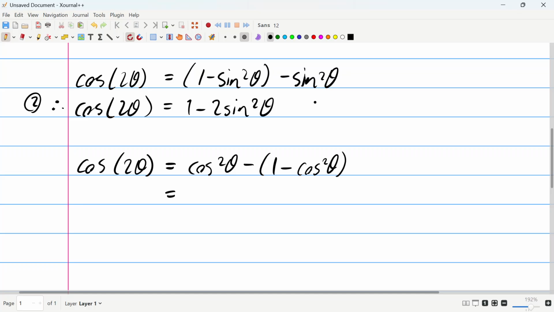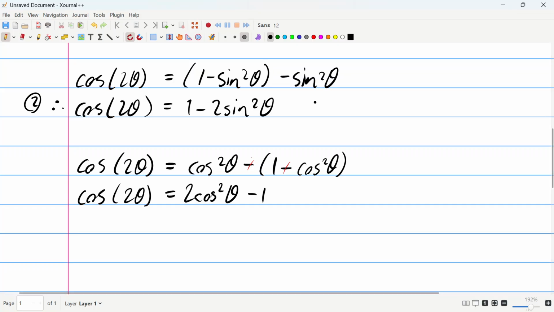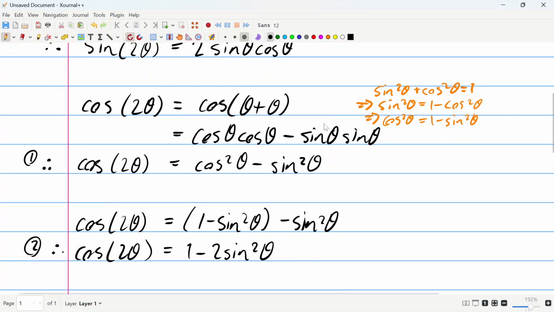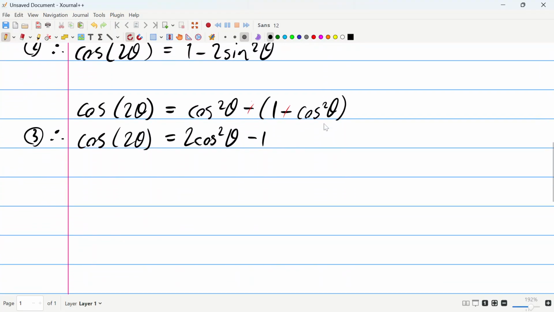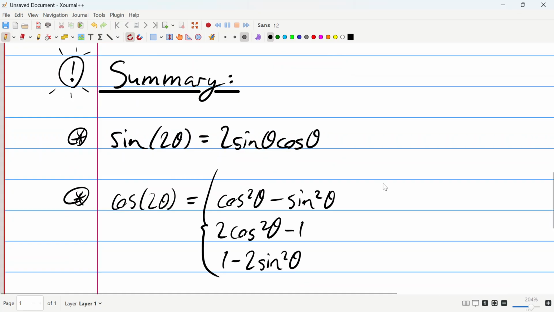Notice that the negative cancels out here with this one. However, we still have a minus 1. So we have 2 cos squared theta minus 1. And then cos of 2 theta. And that's the third part of the identity. Okay, so that's how you prove them. Let me write them all down for you just so we have a summarized version. And here we go. Here's the summarized version.